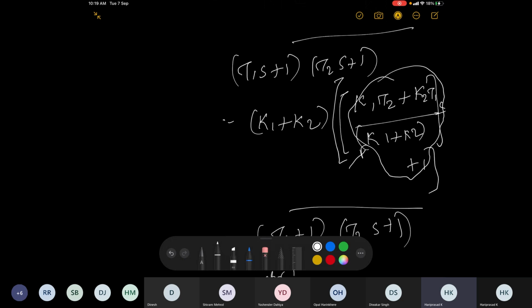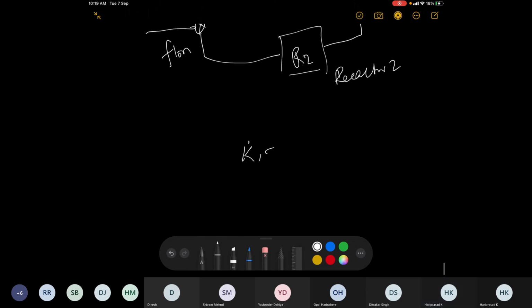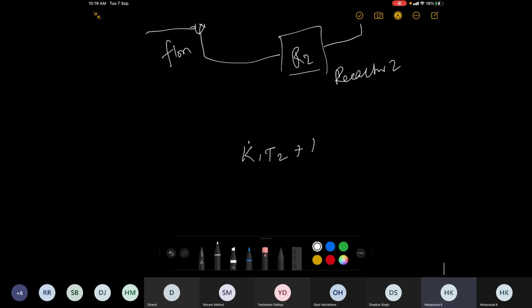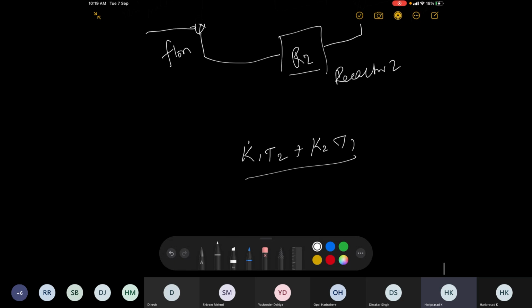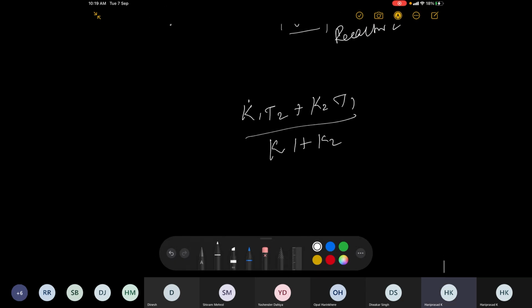So this particular term now would control the dynamics of the overall system, which essentially means that if that variable, I'm sorry, K1 tau2 plus K2 tau1 divided by K1 plus K2, right? Let me just look up. Yeah.